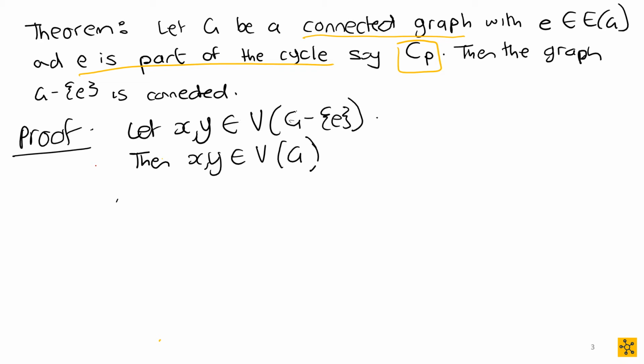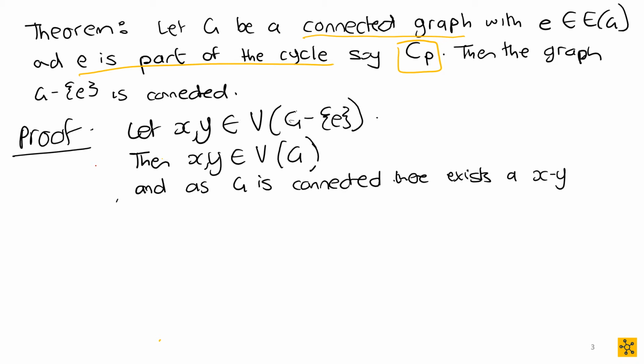We also know that G is connected. So, as G is connected, there is a walk from x to y in G. All we're doing right now is building up to the idea that we want the G minus e graph to still be connected, but we need to bring in the definition of connected in a concept that we can use and manipulate.